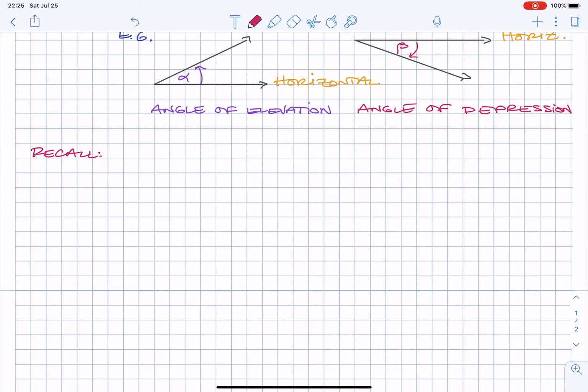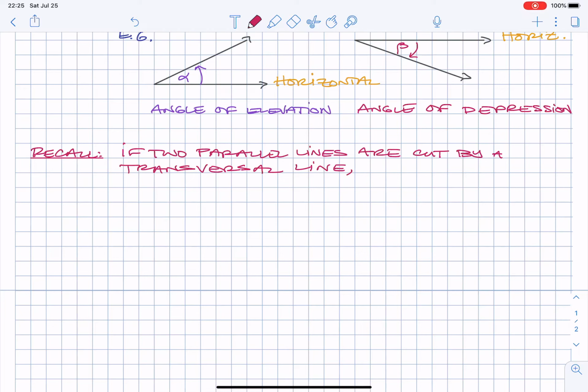Recall that if two parallel lines are crossed by a transversal, so if two parallel lines are cut by a transversal line, then alternate interior angles are equal.